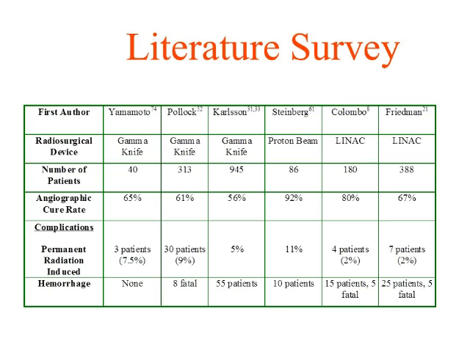These are just a few of the bigger published series in the literature, both gamma knife, proton beam, and linear accelerator, that show the angiographic cure rates, the complication rates, and the hemorrhage rates. And like anything in medicine, the centers that do large volumes of patients, regardless of the machine they're using, report the same results.